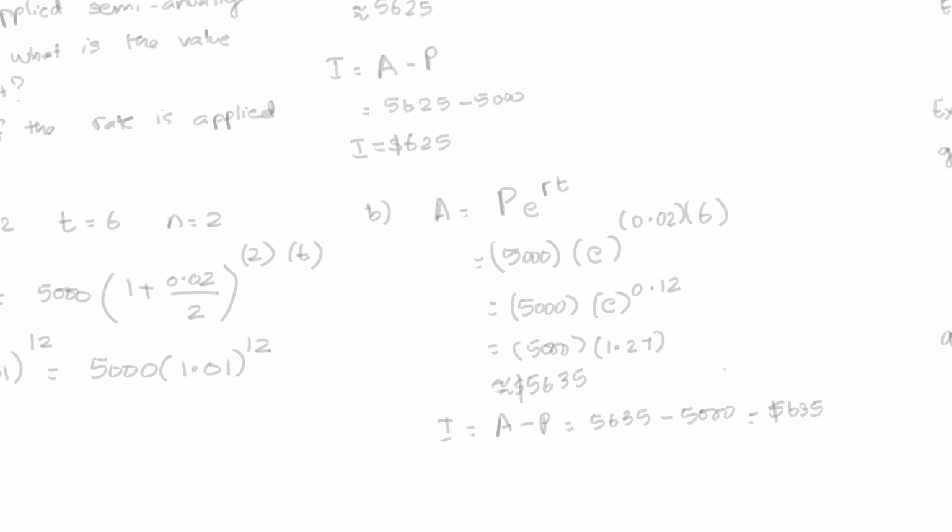So the maximum interest that you would owe in this scenario, based on the given values of r, t and P, would be $635. And that's why continuous compound interest is more applicable than just the compound interest formula.